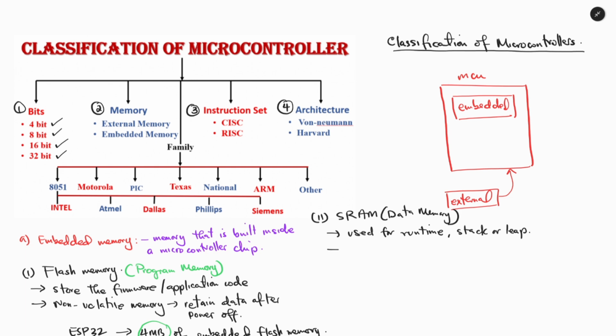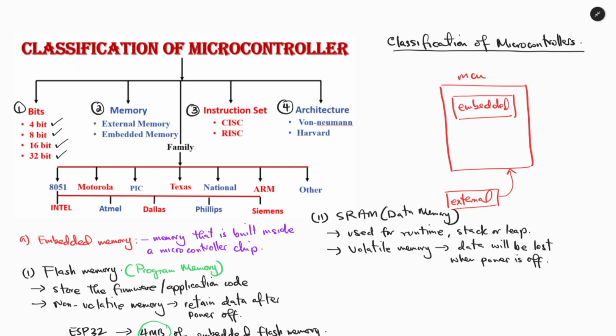So this type of memory, unlike non-volatile memory, is a volatile memory, meaning that the data will be lost when power is off. This SRAM can also be an internal memory of a microcontroller.